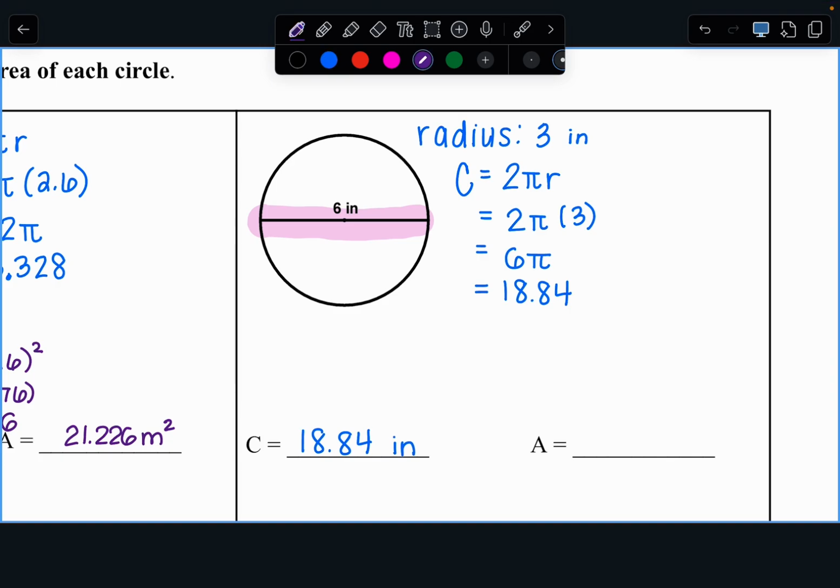Area. Pi r squared, which means pi times 3 squared. So this means it's going to be 9 pi.